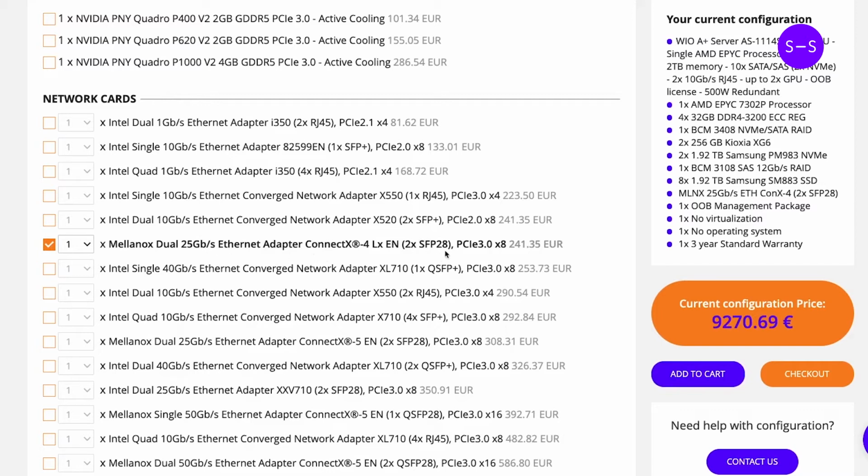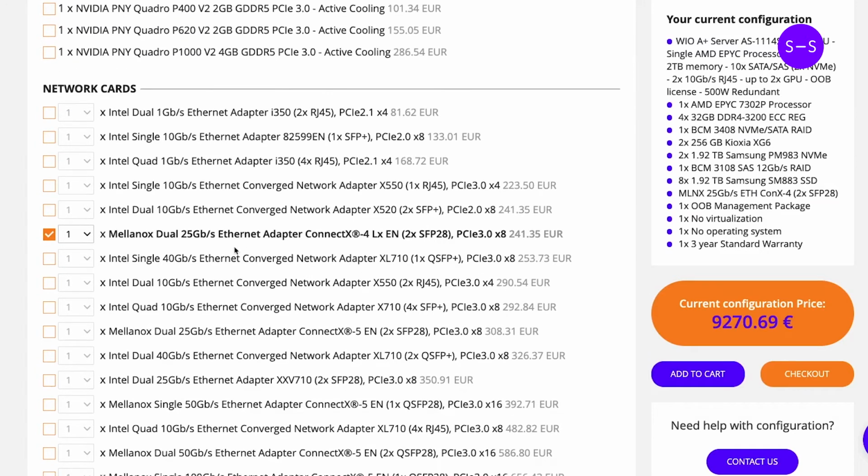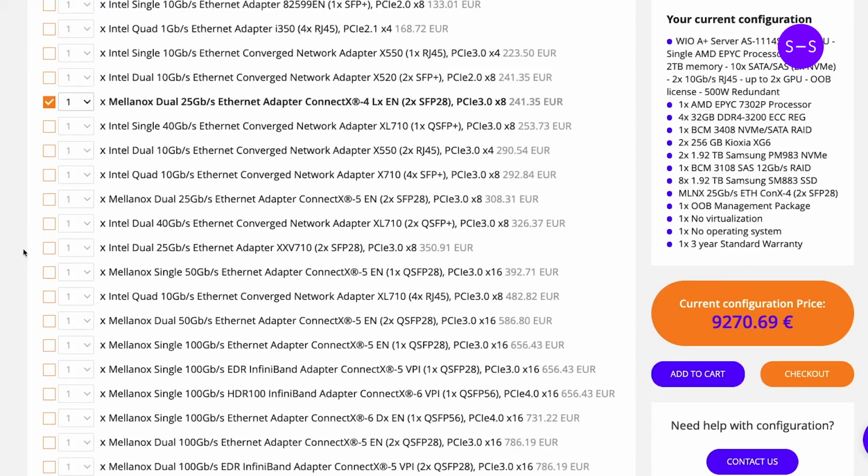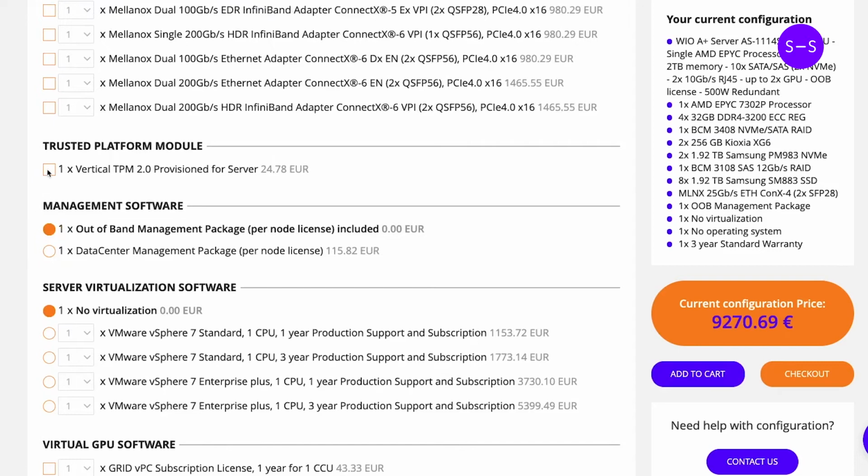Its form factor is SFP28, just 2 times 25 gigs. For these kinds of small fast systems, it's definitely one of our recommendations. The pricing is basically the same as 2 times 10 gigs, so it's totally okay to use 2 times 25.